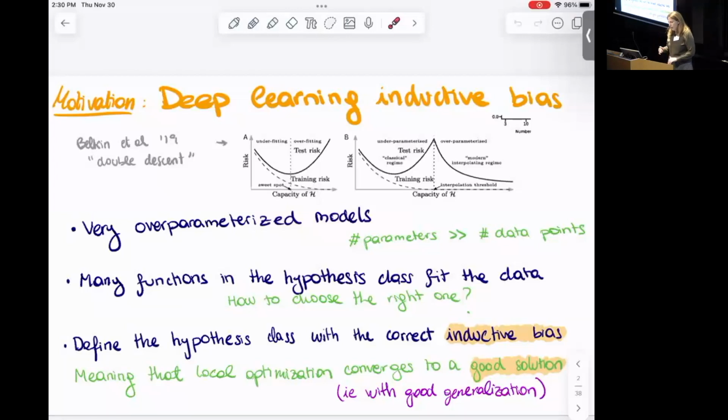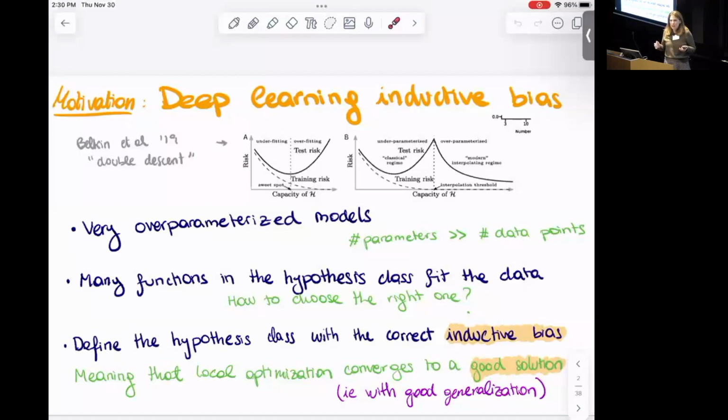Basically, Belkin and collaborators show that the classical statistical regime considers a setting where you typically have much fewer parameters than data points, and then you can look at the expressive power of your class of functions.